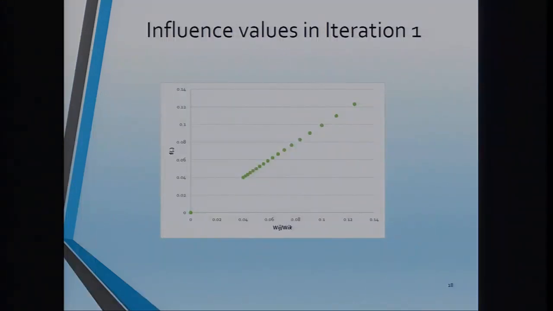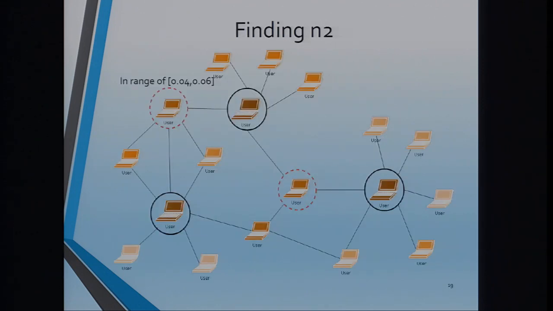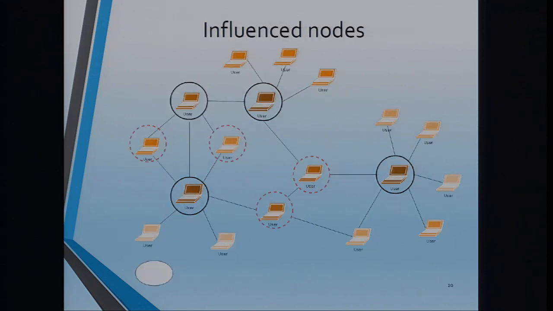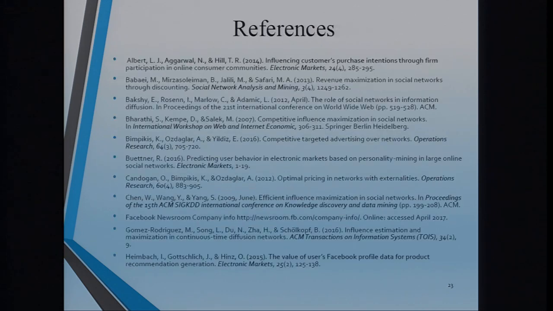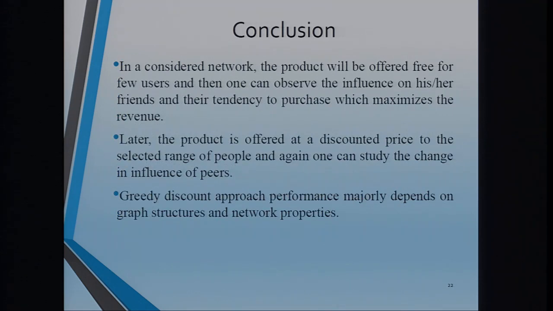Then we will be choosing some range where we choose fewer people and they will be maximizing more. Okay. So they will be influencing their friends. So we can see in iteration 1 we had 70 users and in iteration 2 we have 170 users. Okay.